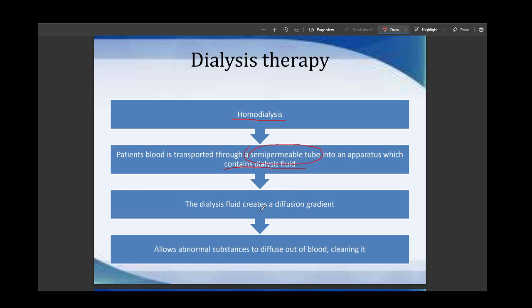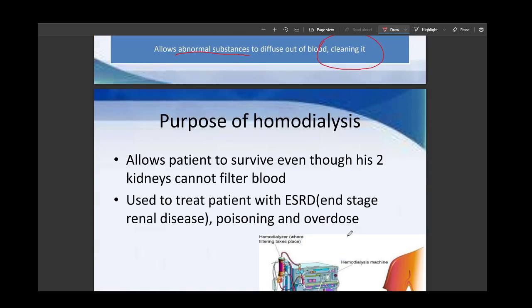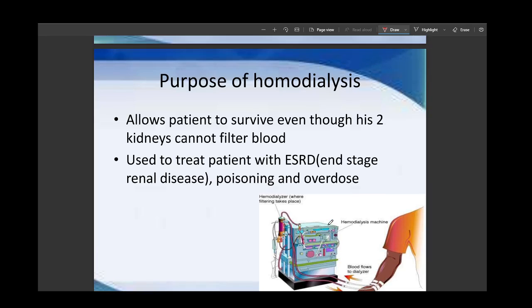It creates a diffusion gradient, and the abnormal substances diffuse out of the blood, cleaning it. What is its purpose? When the 2 kidneys cannot filter blood, end-stage renal disease patients are recommended dialysis.